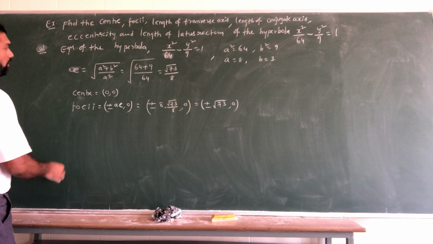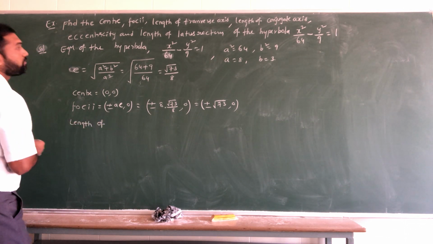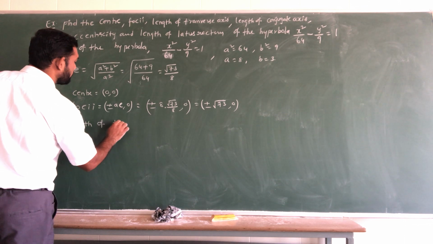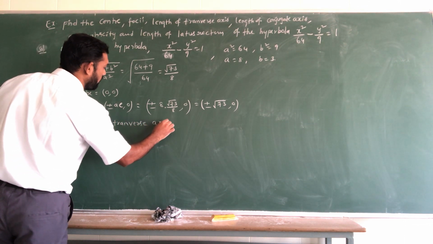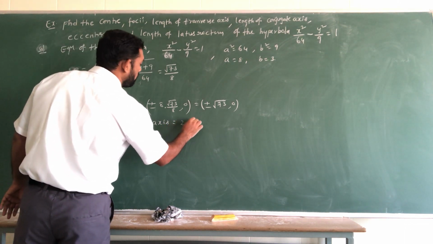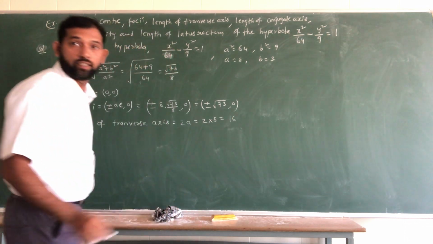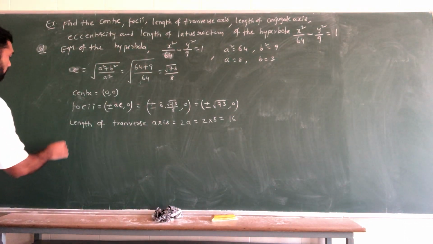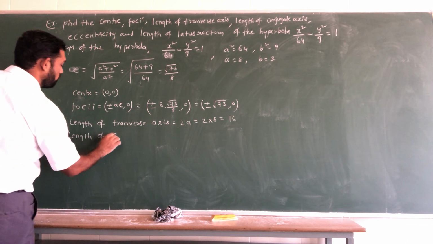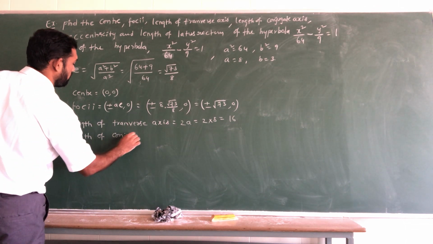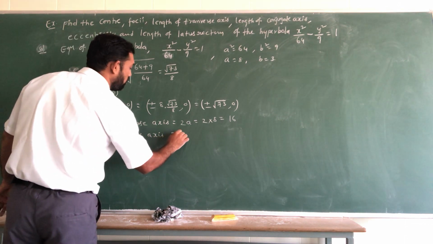Next one, length of transverse axis. Our formula is 2a. So 2 into a value 8, that is 16. Next one, length of conjugate axis. It is equal to 2b.